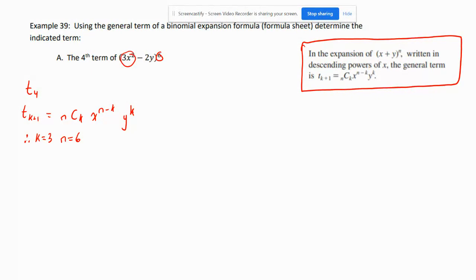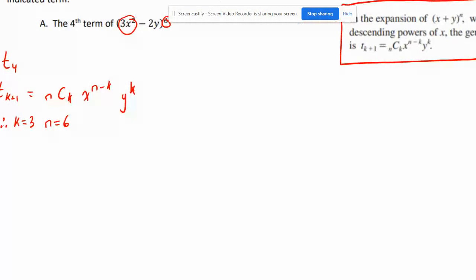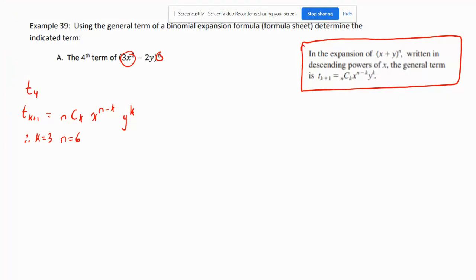Okay, so we have t3 plus 1 equals 6 choose 3. Our k value is 3. Our x, which is our first term, is 3x squared to the 6 minus 3. Our second term, negative 2y cubed.